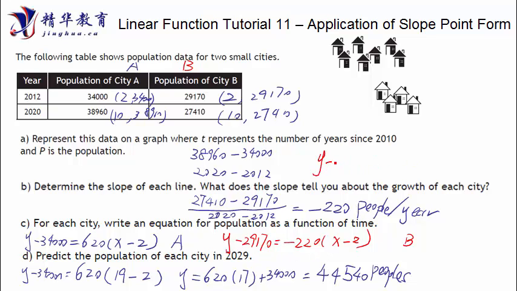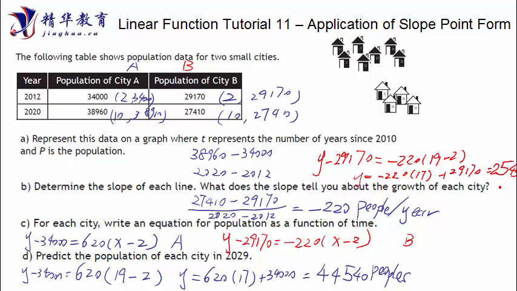Okay, so we're just using this number. y minus 29,170 is going to equal negative 220 times x, where x is 19 minus 2. So if we multiply these, y equals negative 220 times 17 plus 29,170, which is equal to 25,430.